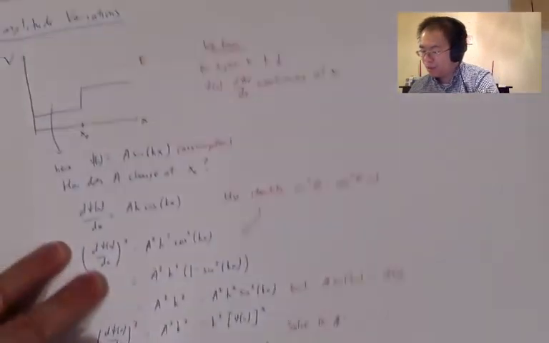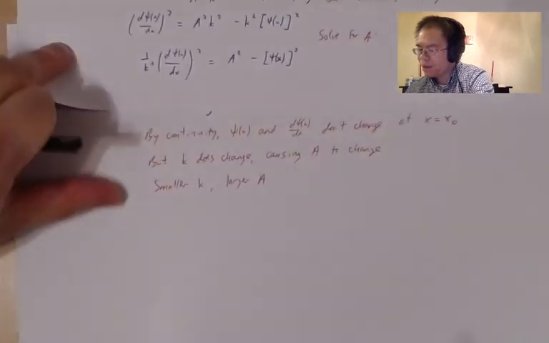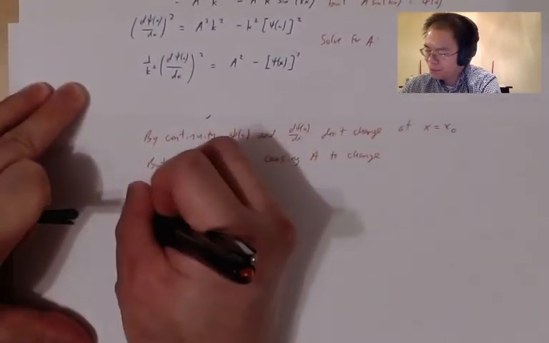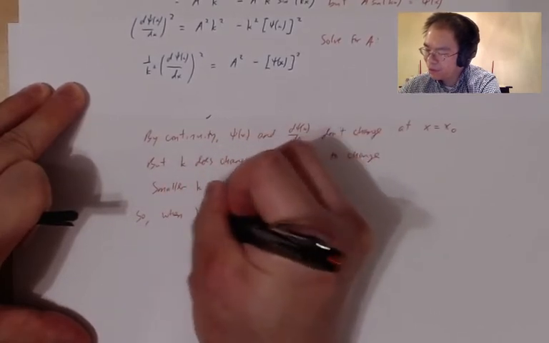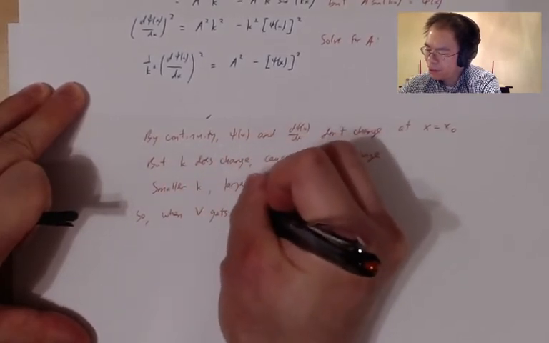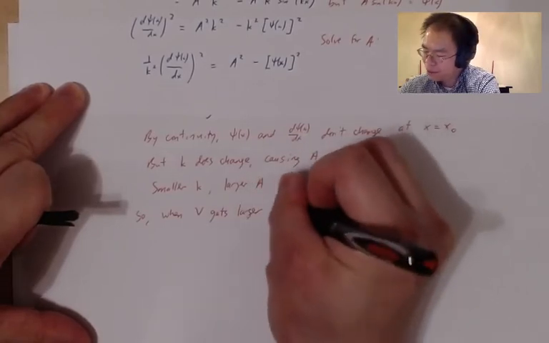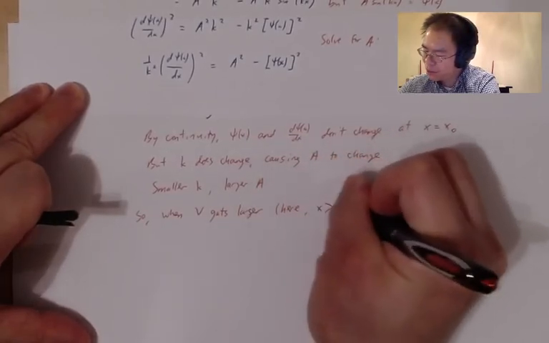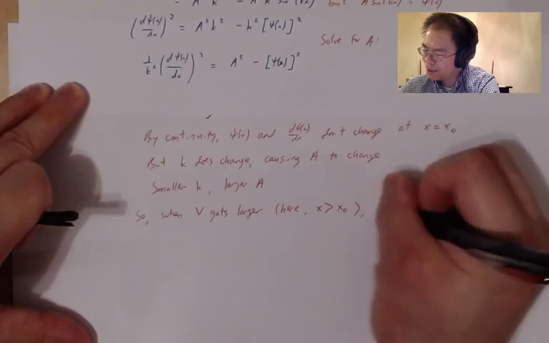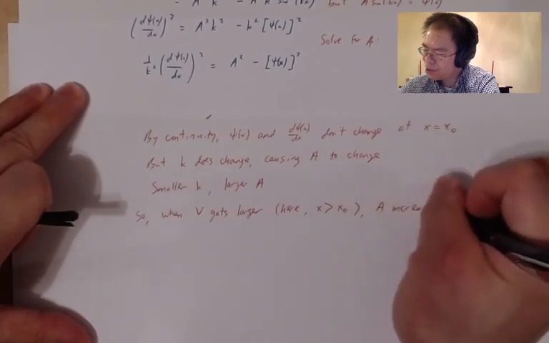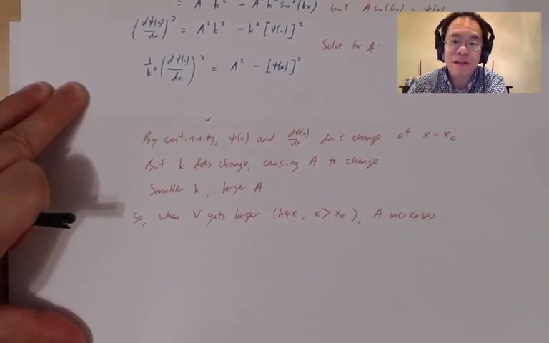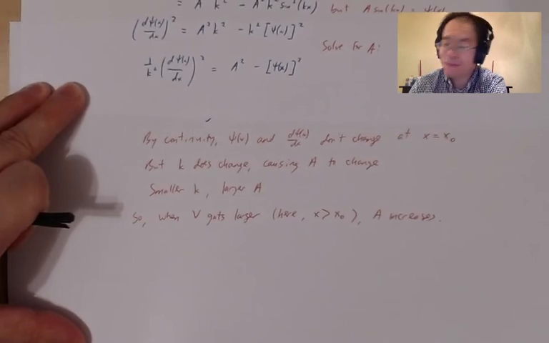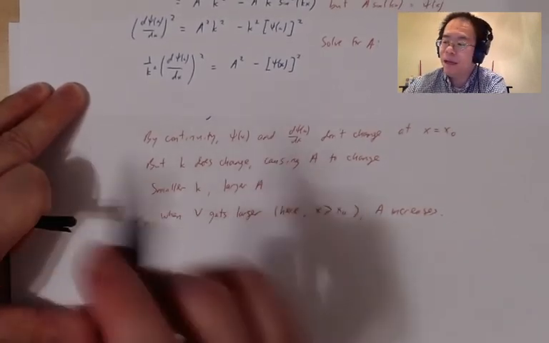We get a smaller k, and that's how you can argue. So when V gets larger, then in our setup here for x greater than x naught, A increases. So this is still a little bit hand wavy, but hopefully this is helpful for convincing you why the amplitude increases here.